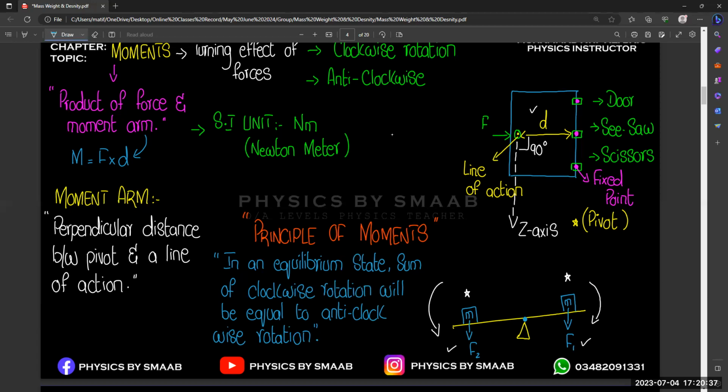Okay, so the formula remains the same, F into D, but the conditions are different. Let's consider this example, example number one. There are two objects on a seesaw. Whenever we solve an example, we use the formula like this.